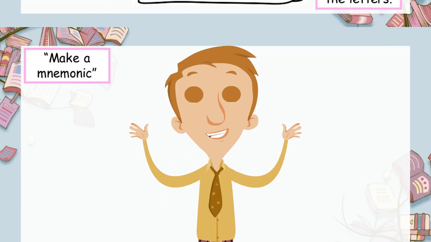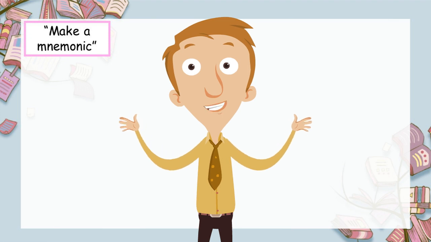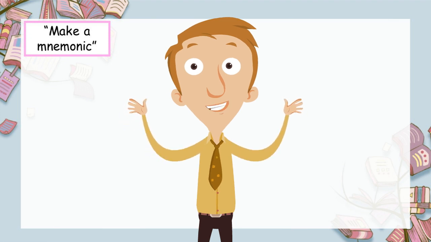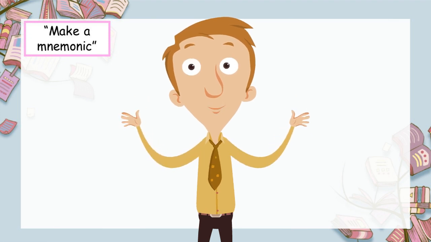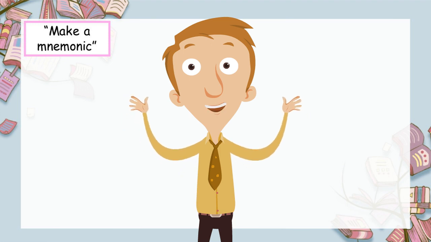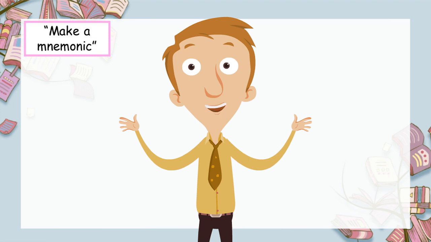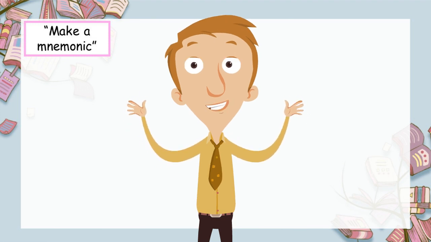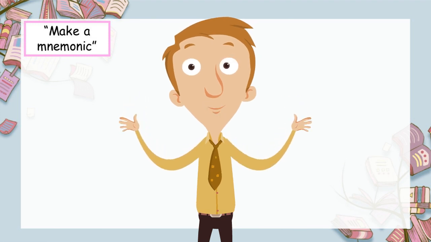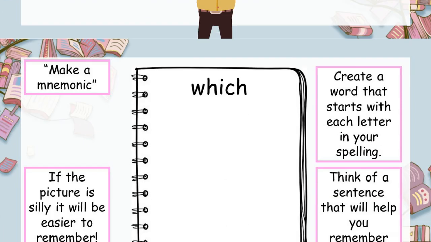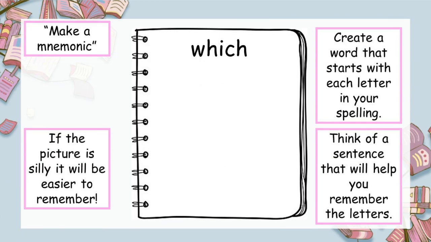Now that you've gotten the hang of how to use this spelling strategy, it's time for you to make some mnemonics of your own. I'm going to show you a word, and I'll remind you of the steps, and I want you to try and make a mnemonic to help you remember how to spell these tricky words. Are you ready for your first one? Okay, here we go. So we've got the word which.